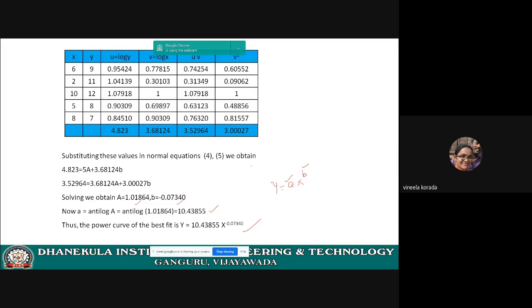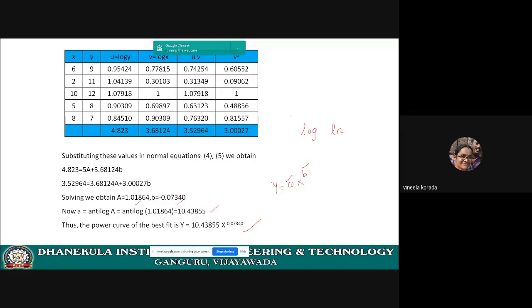How will we calculate the anti-log, ma'am? You find the log symbol in your calculator. Do you have both log and ln?